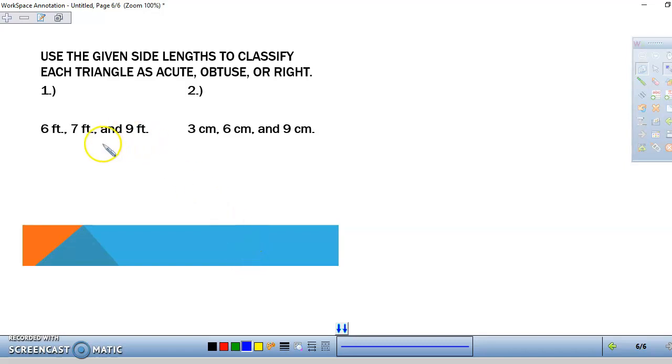Okay, welcome back. So here, you're deciding if it's acute, obtuse, or right. Again, I generally just square them first. But obviously when they're whole numbers, you already know this is c, but that's c squared and then a squared and b squared. But I would please take my advice and put the c squared first.